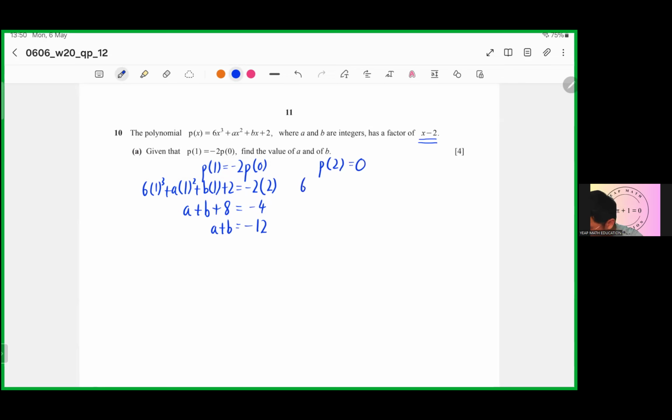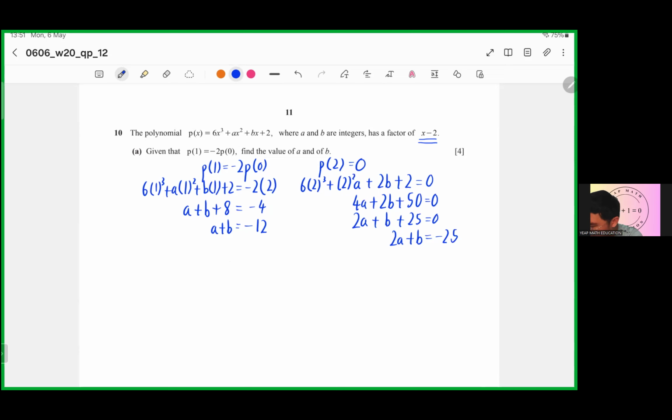So we take 6 times 2 cubed plus 2 squared a plus 2b plus 2 equals 0. So 4a plus 2b plus 50 equals 0, so 2a plus b plus 25 equals 0. So we take 2a plus b equals negative 25.